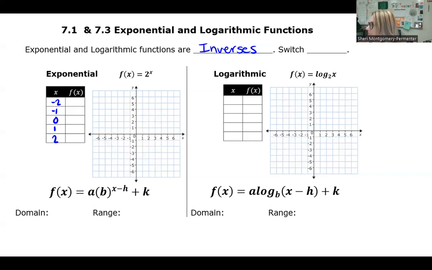What do you switch? No, you just switch X and Y. So if you have a function, you just switch X and Y, and you can make the inverse.